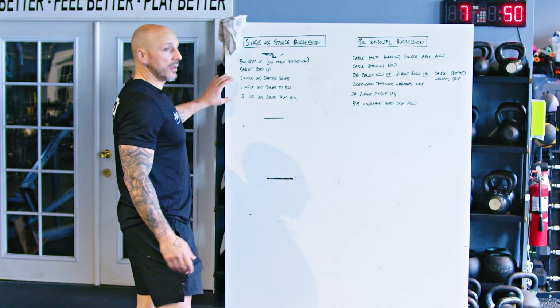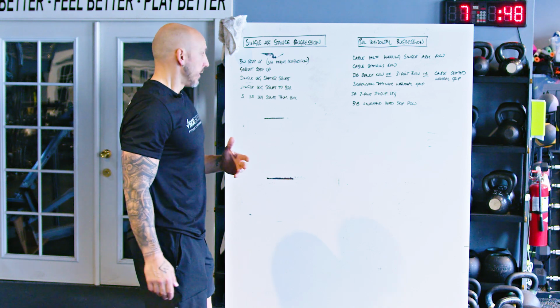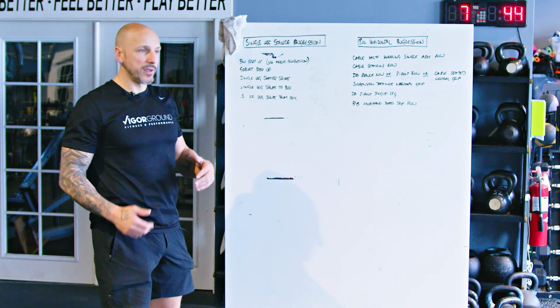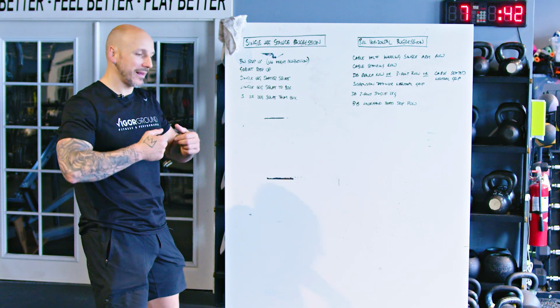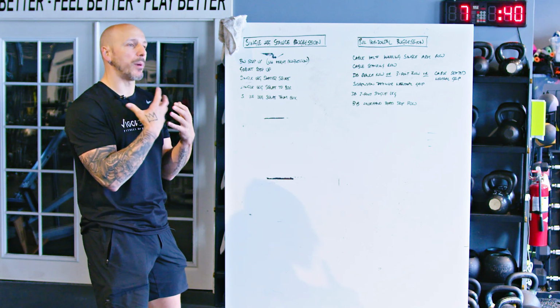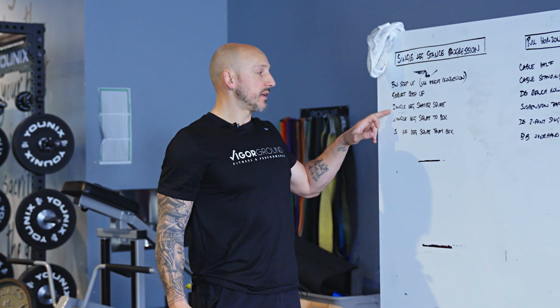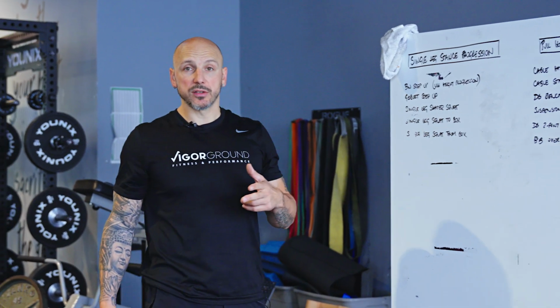Let's say we have a small group and on the goblet step up, people are so strong that the weight becomes so heavy that their upper body is very challenged. Well, guess what? Now we're getting into the single leg skater squat or squat to box, right? And we can do that very quickly in a class.